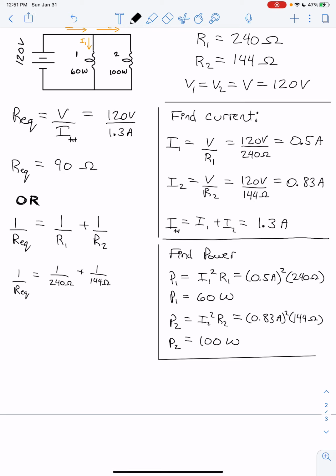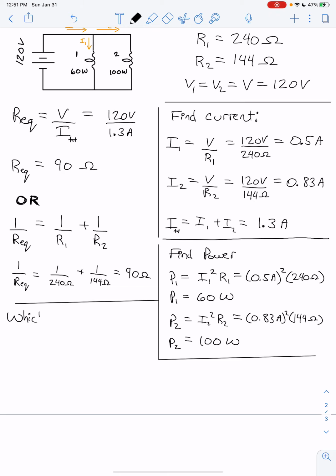And we end up seeing that we have 90 ohms. And then from that 90 ohms, if we had done that first, we could have then got the total current. So there were multiple paths here, because everything's nicely connected.